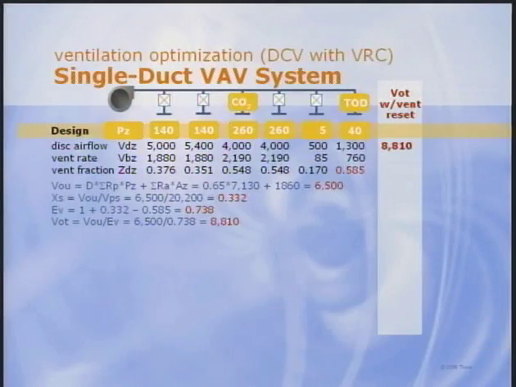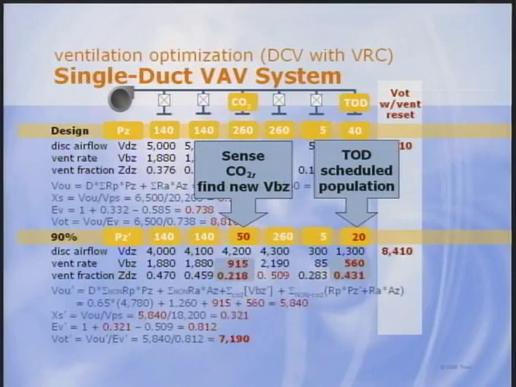Let's look again at our 6-zone system, this time using a CO2 sensor in one zone and a time-of-day schedule in another zone. We see that at design, nothing changes, but at part load, a CO2 controller determines the required outdoor airflow in one zone, and a time clock determines the effective population to find the required outdoor airflow in another zone.